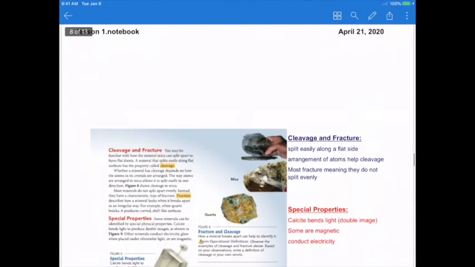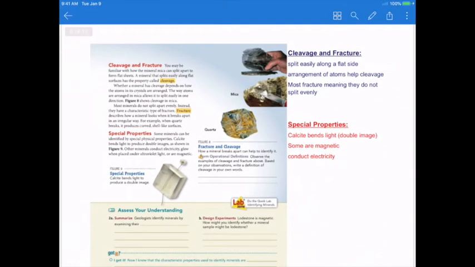Okay, next we're going to talk about cleavage and fracture. Cleavage is basically when a mineral splits easily along flat surfaces. Like halite, it breaks off into different cubes. A lot of them break off very easily along flat sides. The arrangement of atoms helps the cleavage.